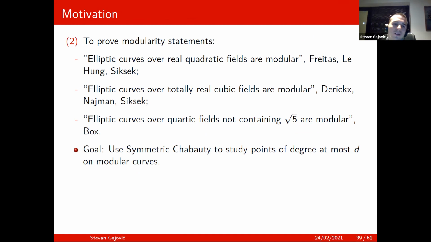This was extended to totally real cubic fields, and recently by Box to elliptic curves over quartic fields that do not contain the square root of 5.